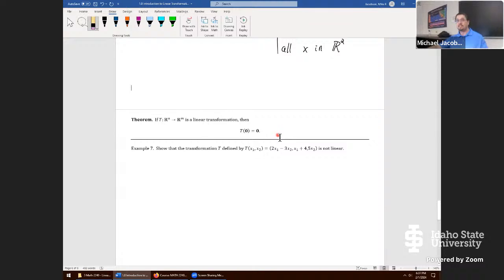One thing I did mention is, when it comes to linear transformations, we like to write our lines going through the origin a lot. And here's another idea of why that's the case. Any linear transformation, this word here is extremely important, will always satisfy this property no matter what. And that's kind of cool in a way.